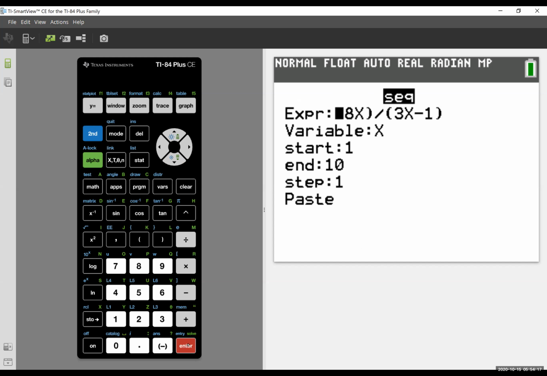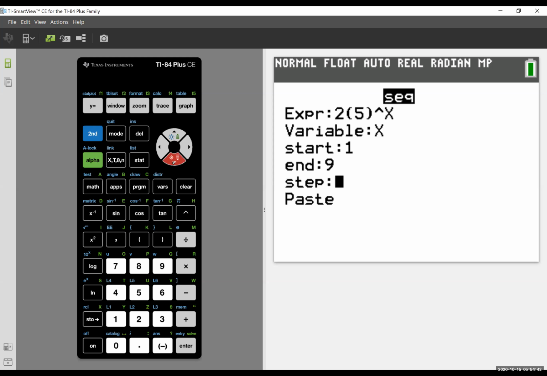And then with our sequence expression, we should have ourselves, I have to remind myself, it's 2 multiplied by 5 taken to the x power. I'm just going to use that same variable. The starting value would be 1. The ending value in this case would be 9.